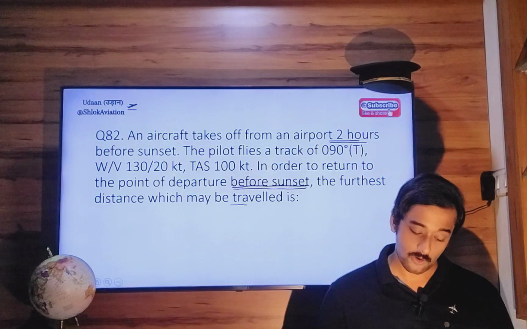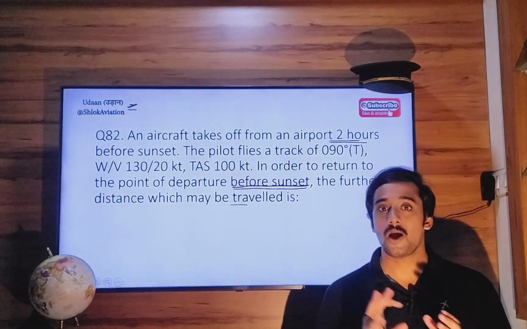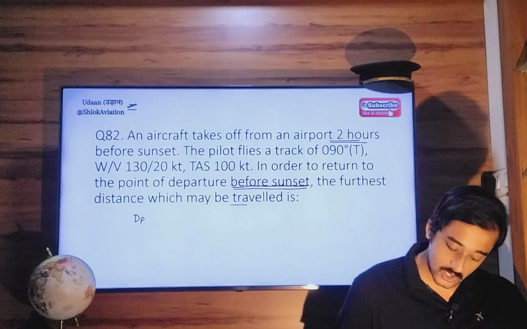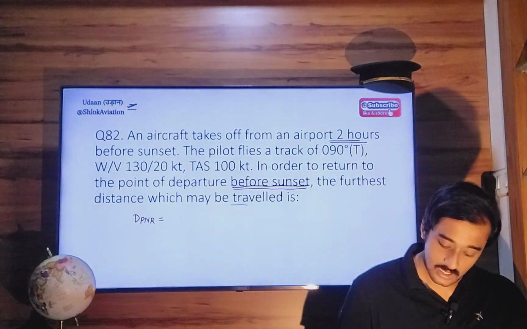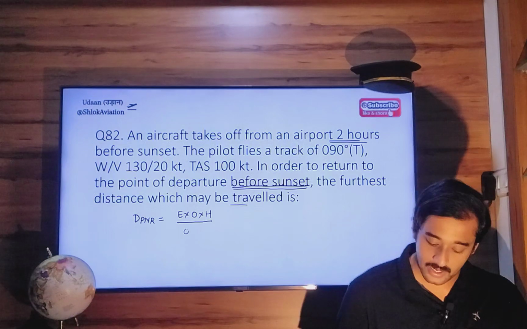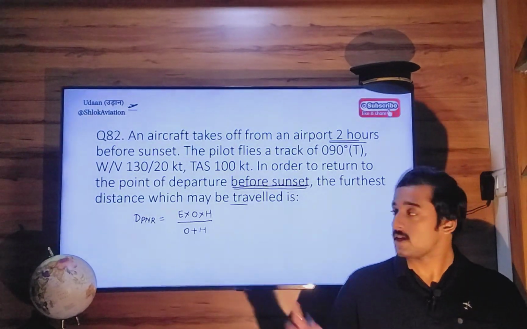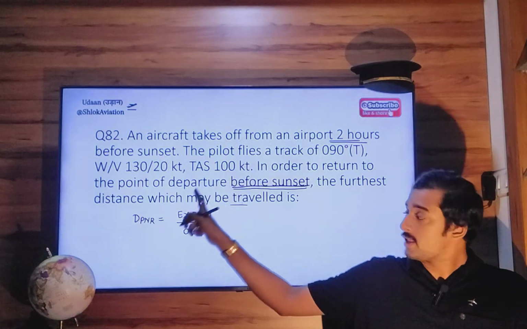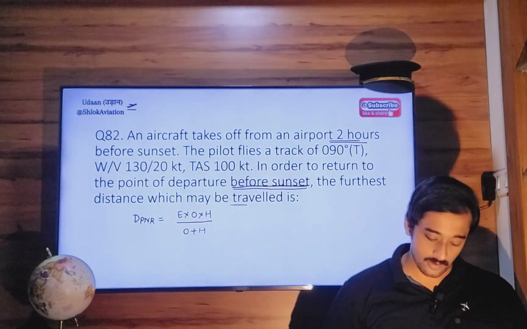So for that we will have to know our ground speed outbound and ground speed homebound, correct? What is the formula for distance to PNR? Endurance into outbound speed into homebound speed divided by outbound plus homebound. In place of endurance, you will write 2 hours, and the outbound and homebound speeds we will calculate now.